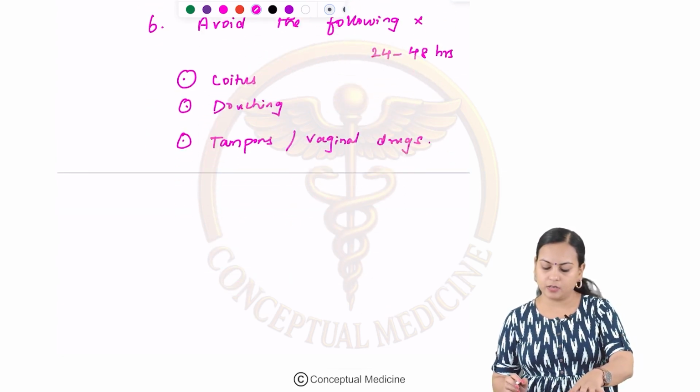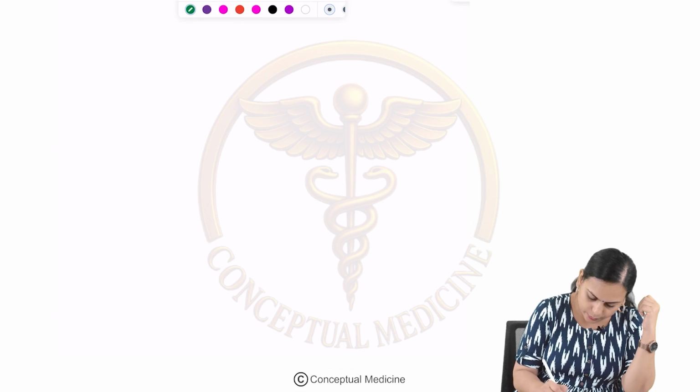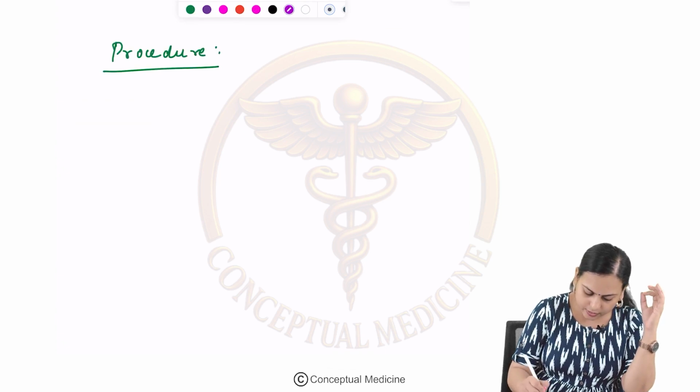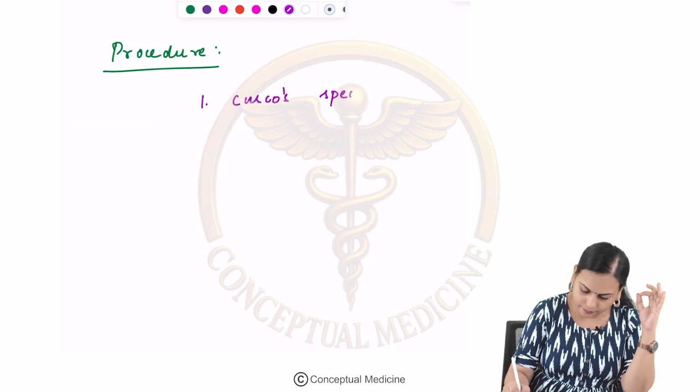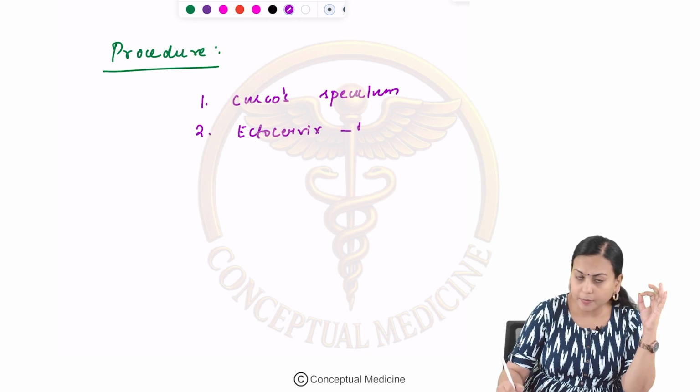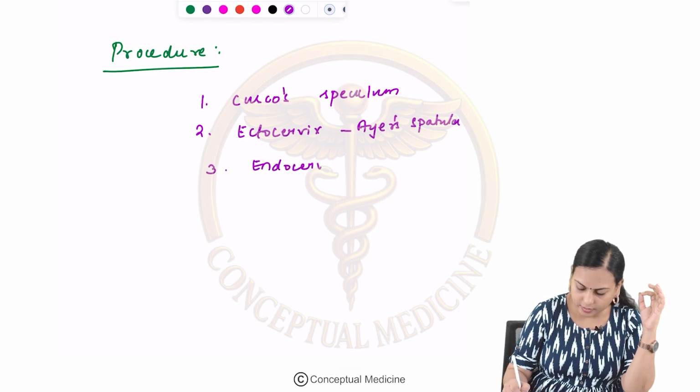Clear? So, how will you do a pap smear? Procedure we will discuss. The cervix is visualized by using Cusco's speculum. Then the ectocervix is scraped using Ayre's spatula. Then the endocervix is scraped using a cytobrush.